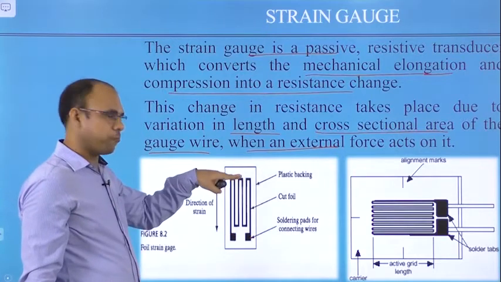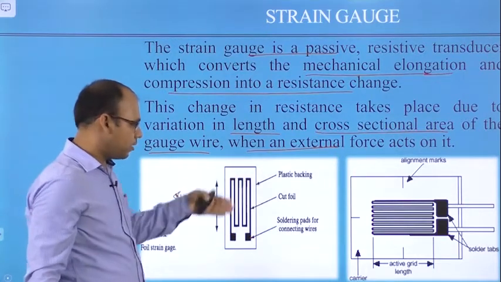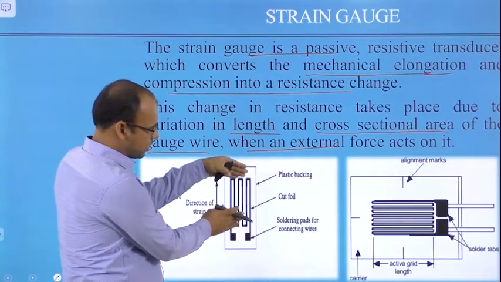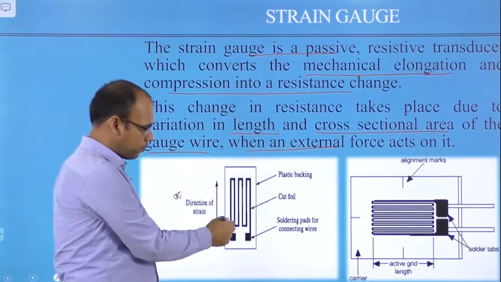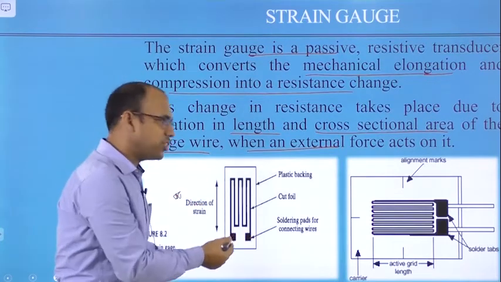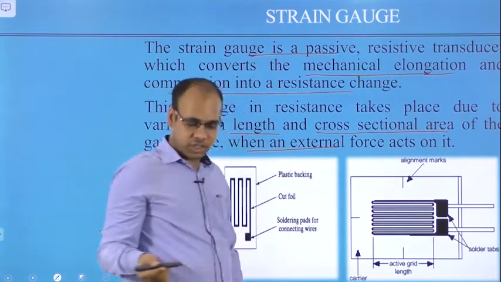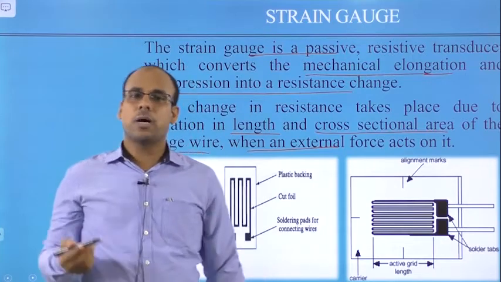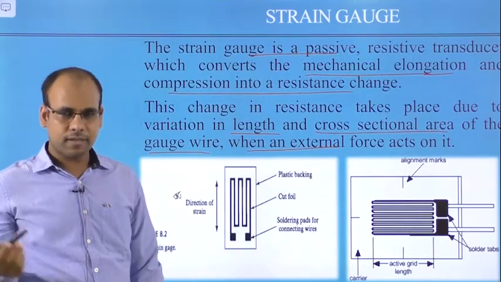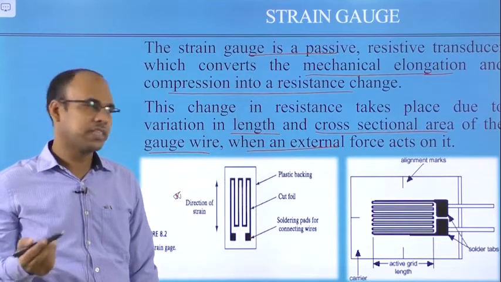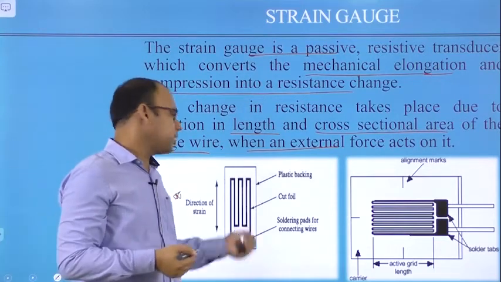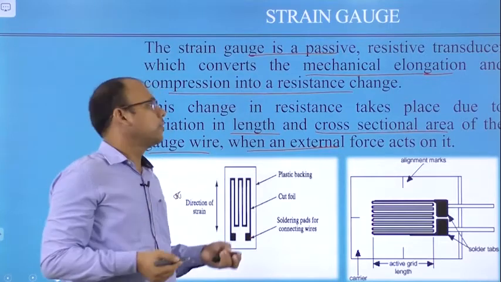Whenever force or pressure is applied, this mechanical device will have some elongation, and due to this elongation its internal resistance will change. We can measure that internal resistance through bridge circuits, like the Wheatstone bridge, for the measurement of pressure.